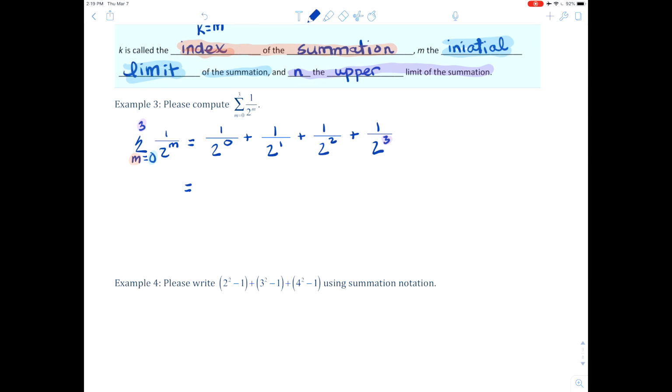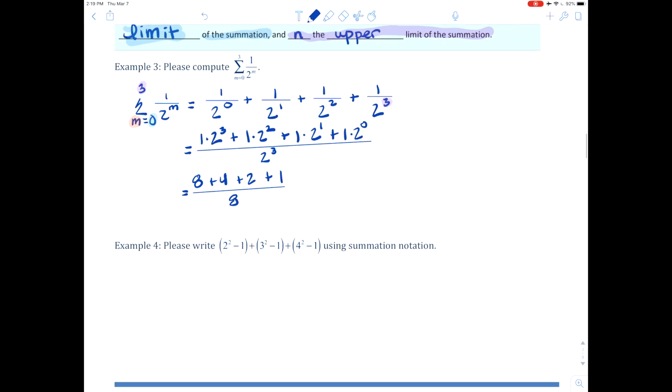So here, the first term has 0 factors of 2, so it would be 1 times 2 cubed plus 1 times 2 squared, because only 2 factors are missing, plus 1 times 2 to the 1, plus 1 times 2 to the 0, all over 2 cubed, which is 8 plus 4 plus 2 plus 1 over 8, which gives us a result of 15/8. And we're done.